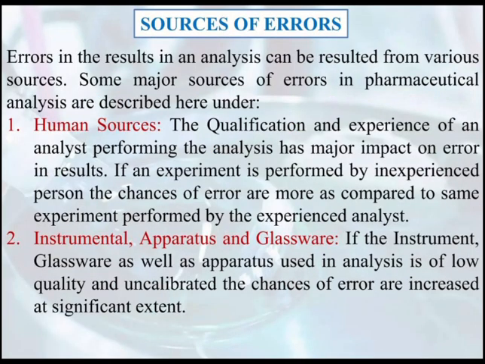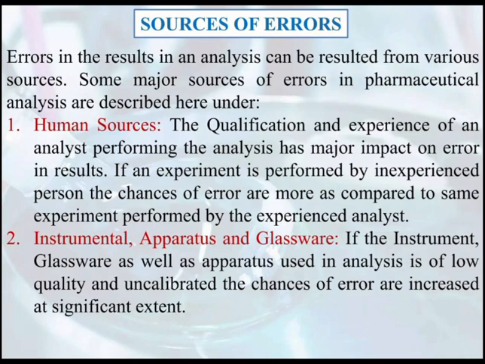Okay, let's briefly discuss the sources of error. Some major sources of error in pharmaceutical analysis are described as follows. First of all, the first one is human sources. If an experiment is performed by an inexperienced person, the chances of error are more as compared to the same experiment performed by an experienced analyst.